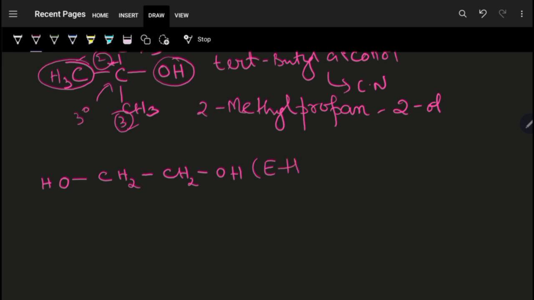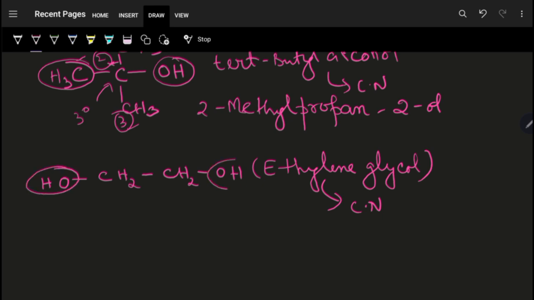Those who have completed the solution chapter know that ethylene glycol, which is the common name, is an antifreeze. And you see it is polyhydric, it has more than one OH. So there are 2 carbon atoms in a chain having 2 OH groups.